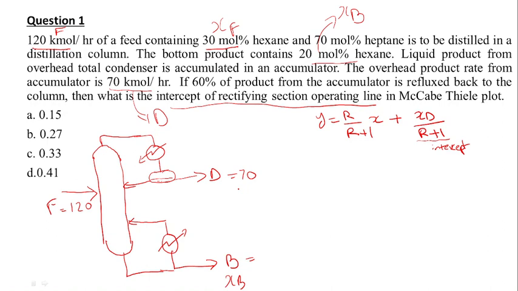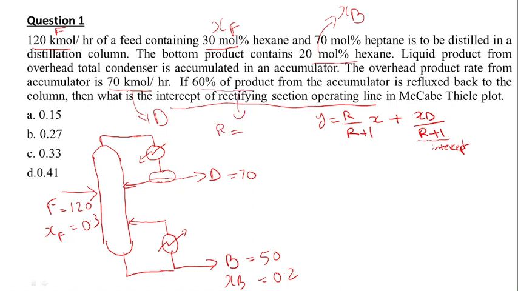XF is equal to 0.3, XB is equal to 0.2. Also, it's given that 60% of the product from accumulator is refluxed back. So from here we can find out the reflux ratio. 60% of the product is refluxed back, so remaining 40% will be drawn as distillate.